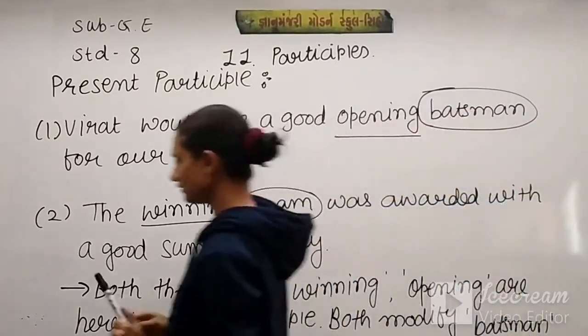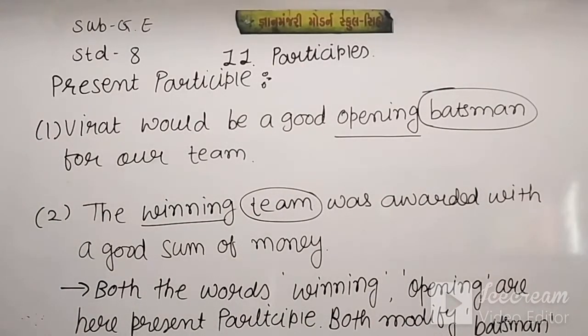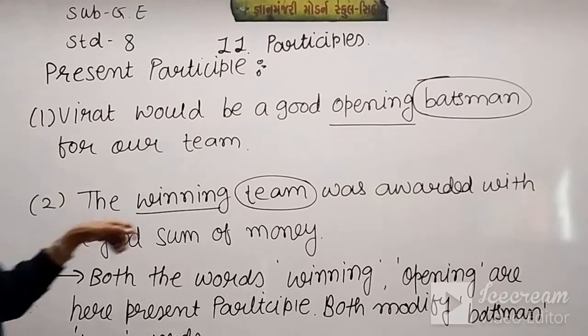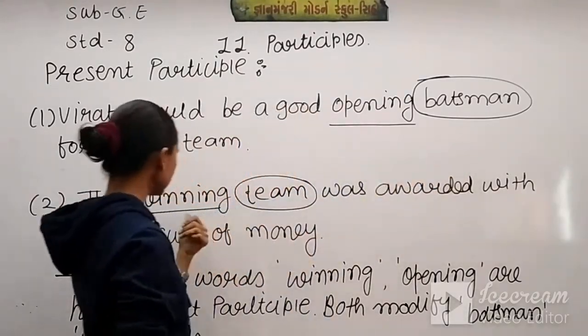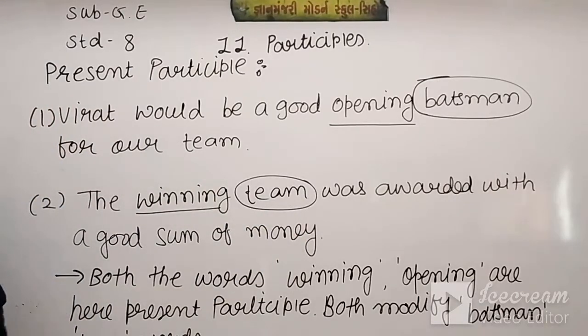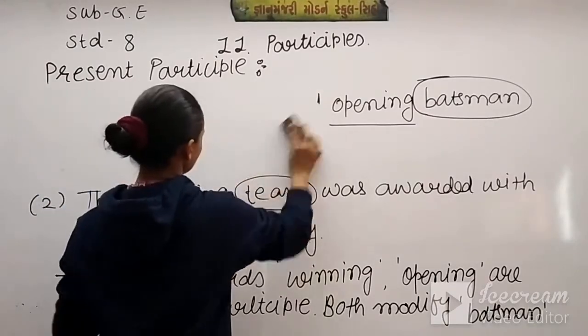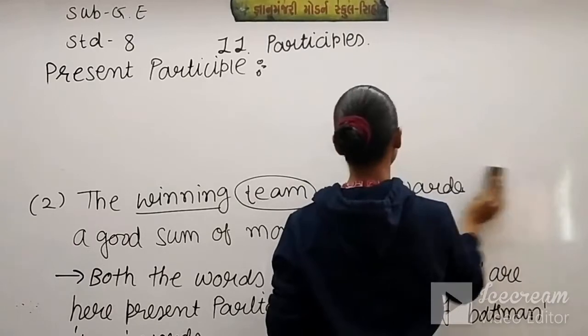Okay, please note this down. Here opening is modifying batsman and winning is modifying team. Another example of present participle, let me give you.